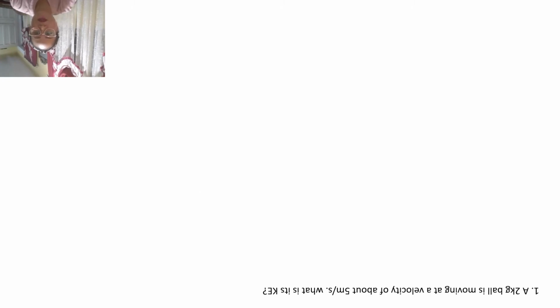Okay, so let's now move on to the problem solving of problems involving kinetic energy. We have here the first problem. A 2-kilogram ball is moving at a velocity of about 5 meters per second. What is its KE?